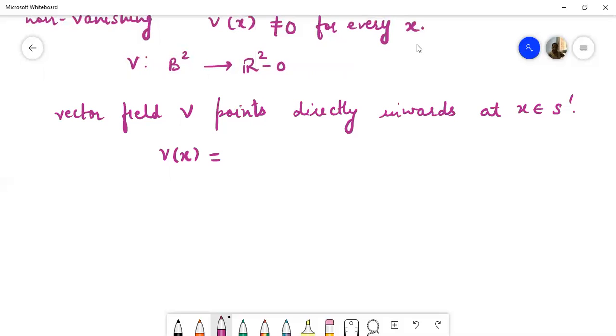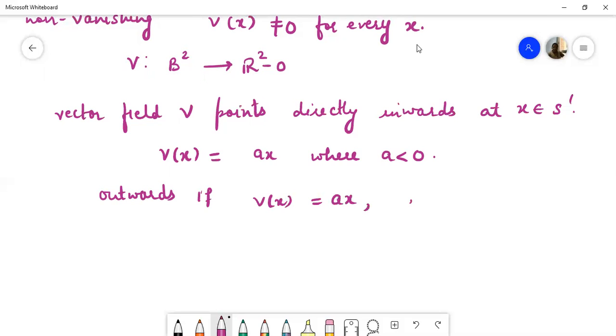So if Vx equals ax, where a is negative, then we say it points directly inwards. Similarly, it points directly outwards if Vx equals ax, where a is positive. So Vx is a positive multiple of x, then we say it points directly outwards.